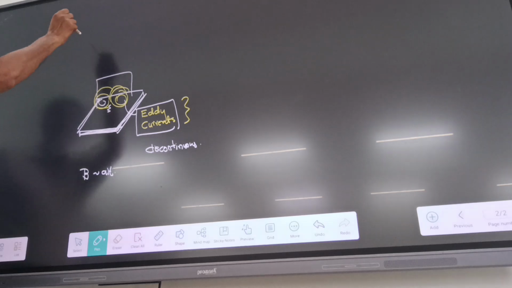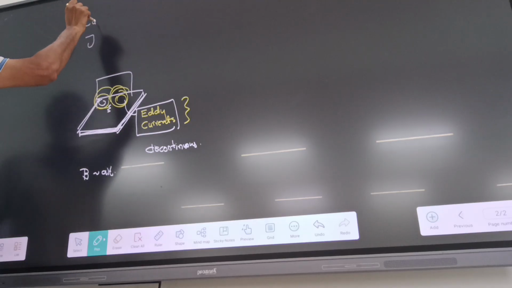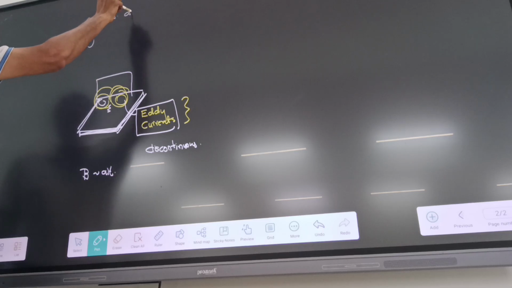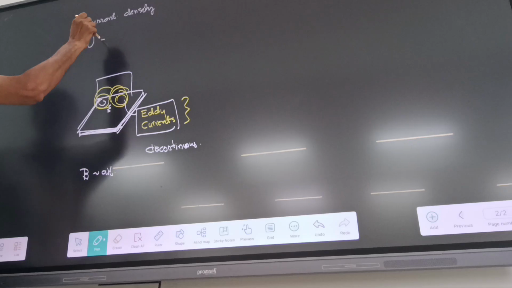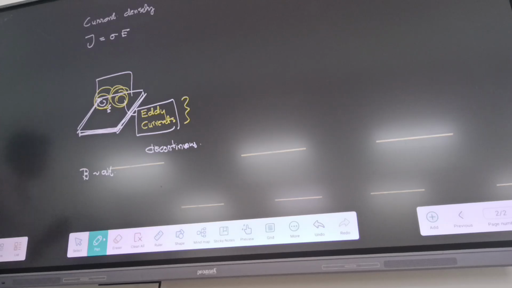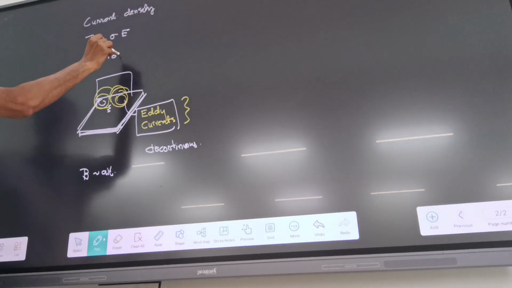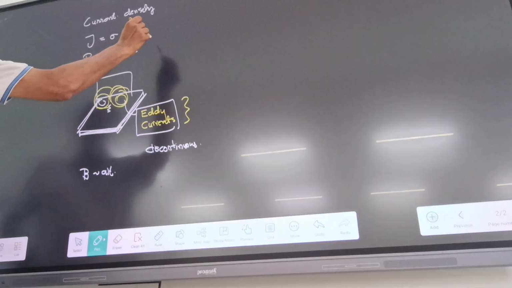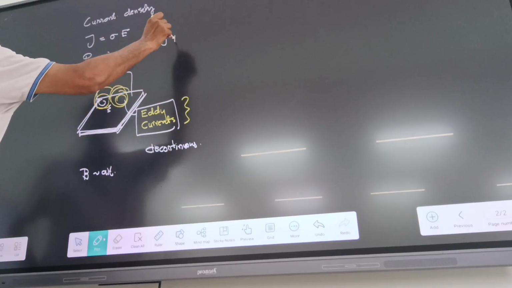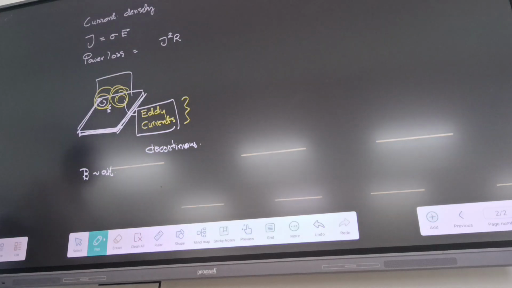So the current that arises here, J, is the eddy current density, and is related to the electric field. Power loss due to joule heating: when current goes, there will be heating. How much is the power loss? I squared R, that is, J squared R.